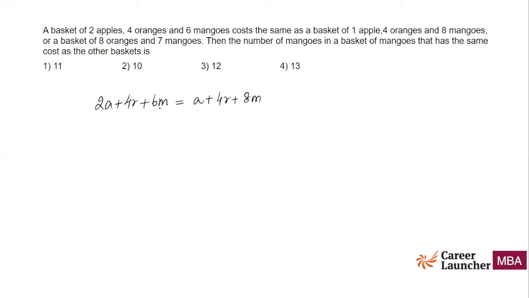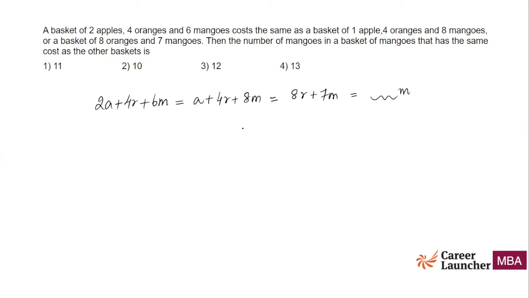One term is the same, the other two terms are changing. Or a basket of 8 oranges and 7 mangoes. Then the number of mangoes in a basket of mangoes that has the same cost. So we need to figure out a basket which is made up of only mangoes, right? Which has the same cost as the other 3.